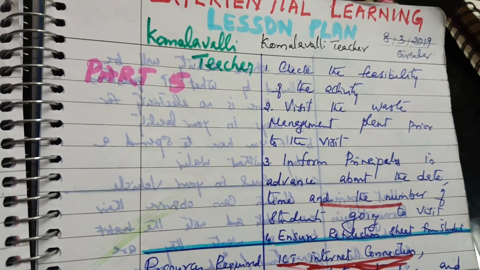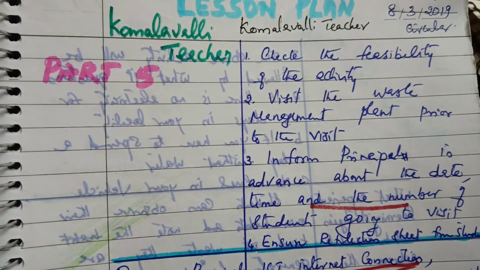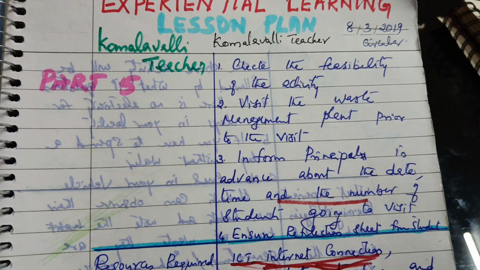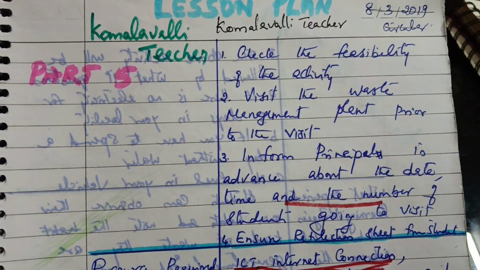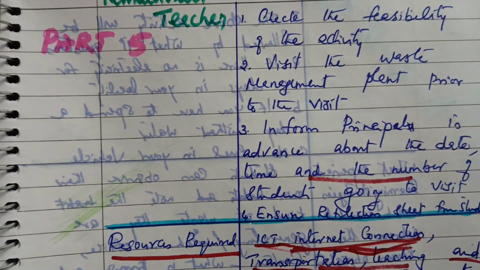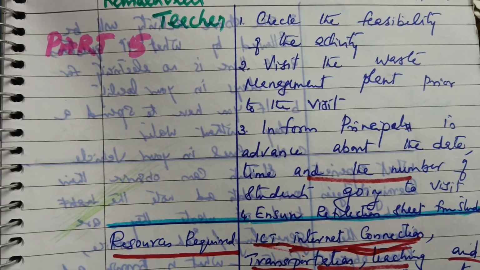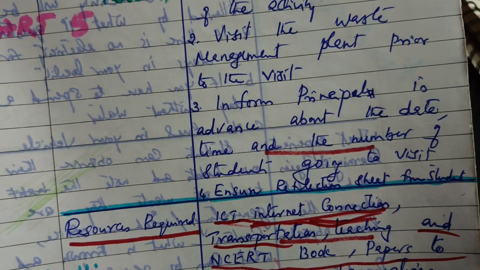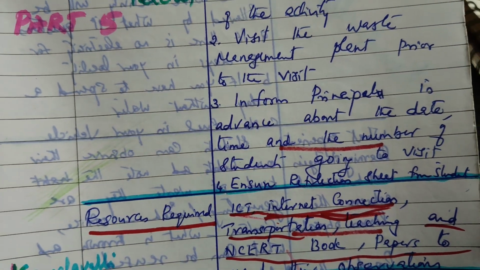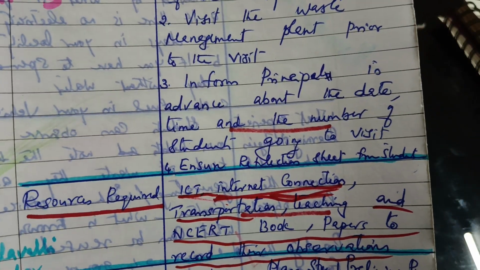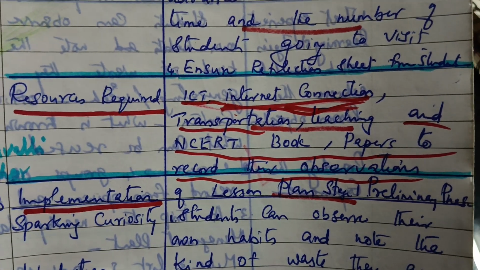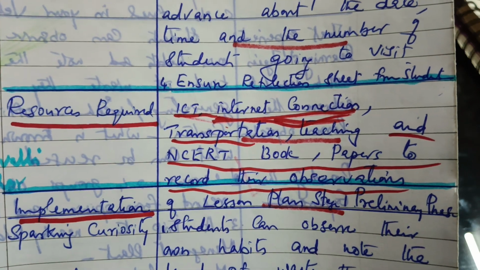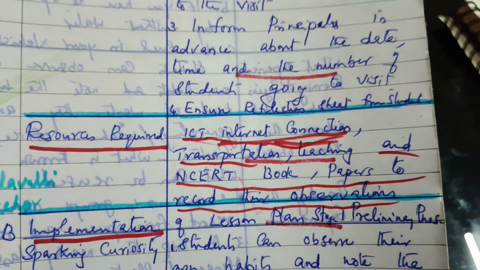Then check the feasibility of the activity. Visit the waste management plan prior to the visit. Inform the principal in advance about the date, time, and number of students going to visit, and ensure the reflection sheet also, so they have it with them to write down notes regarding the visit.